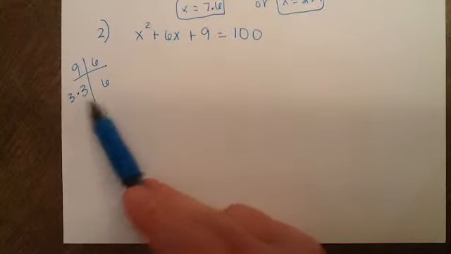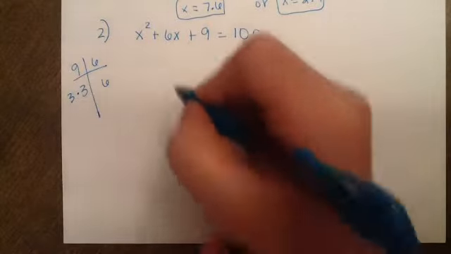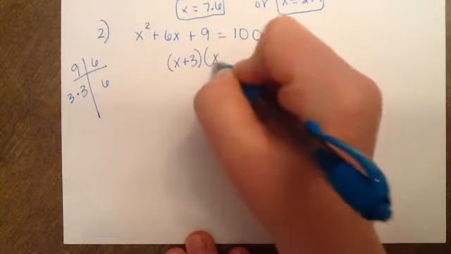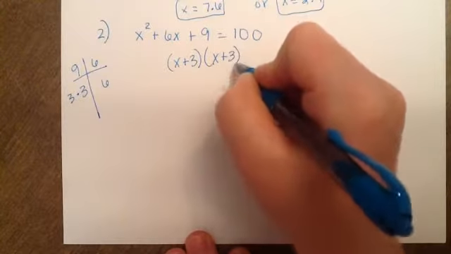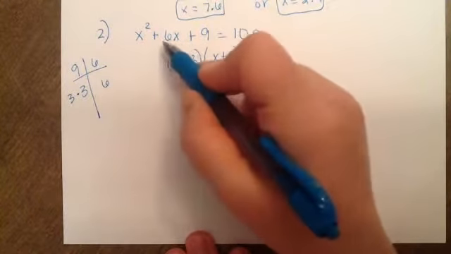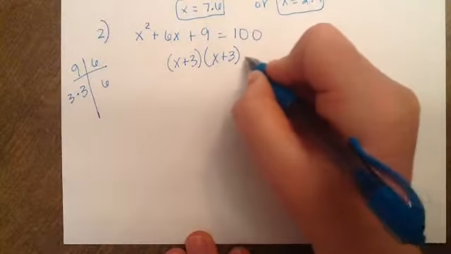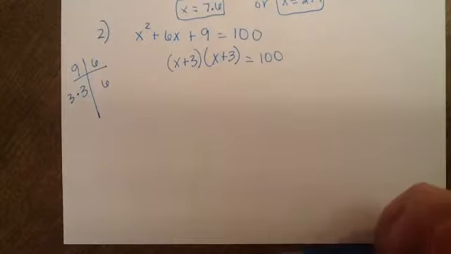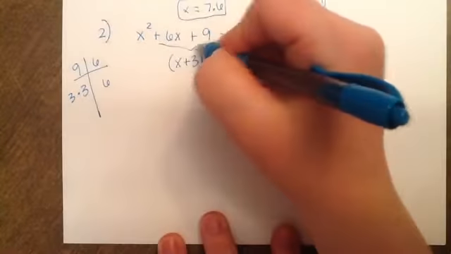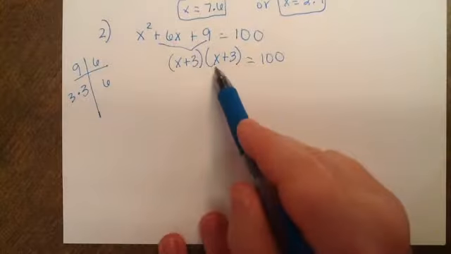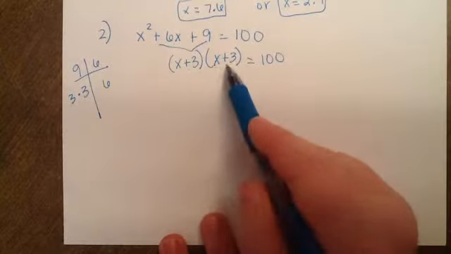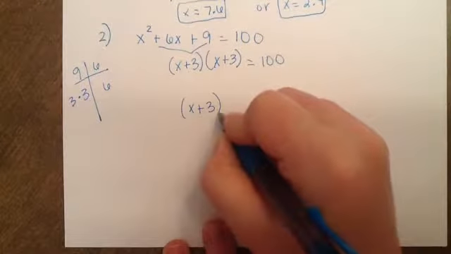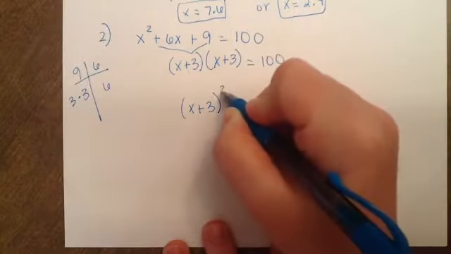This only works out if they're the same. So this would be x plus 3 times x plus 3. I'm factoring this into x plus 3 times x plus 3. So this here becomes these two. Since there's two of them, I don't need to write them twice. I can write them once with a squared sign.